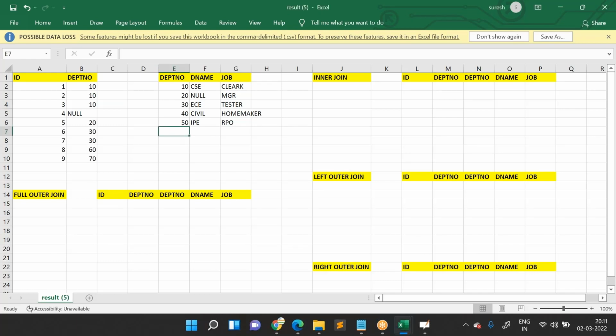And also let me give some more data. Now this is the most typical data with all combinations.